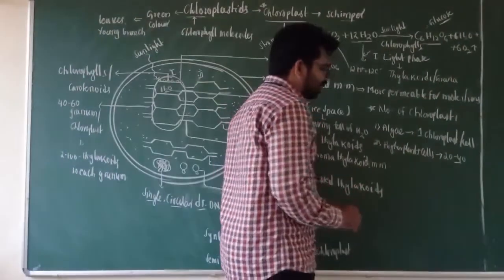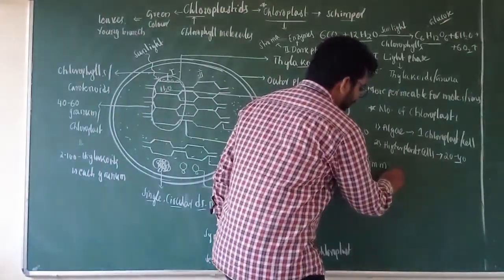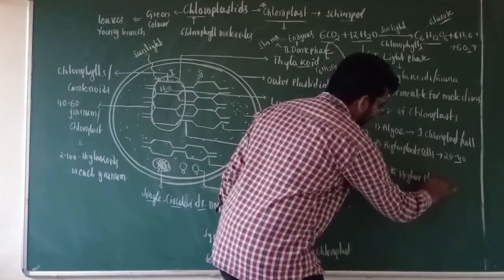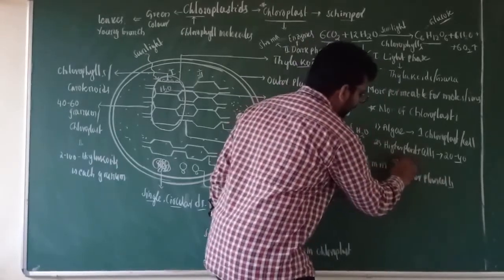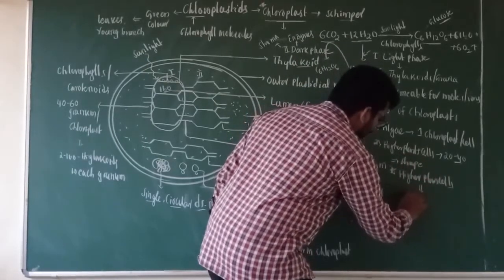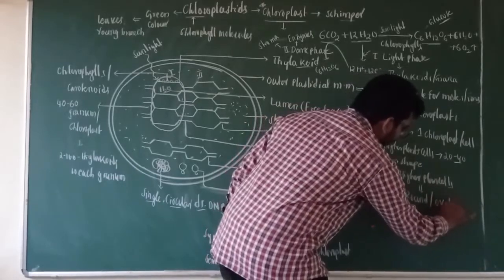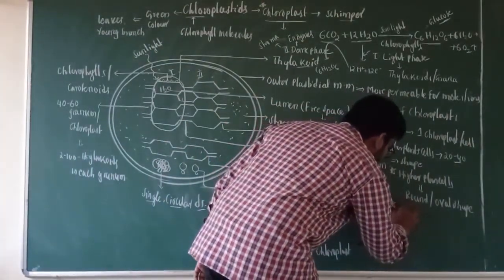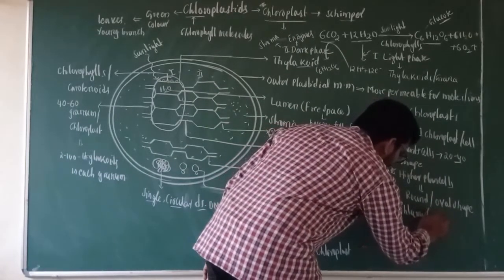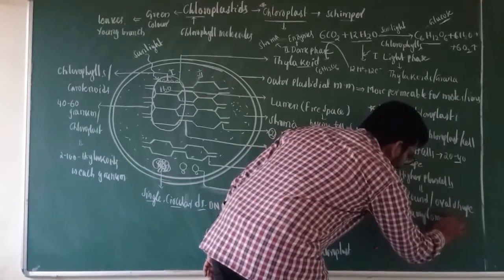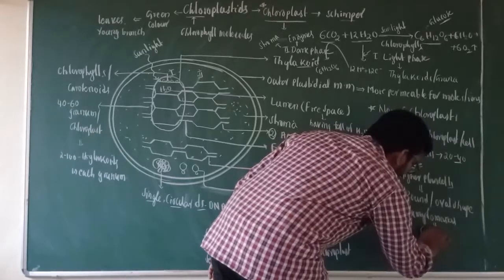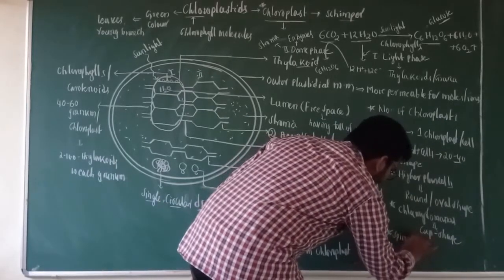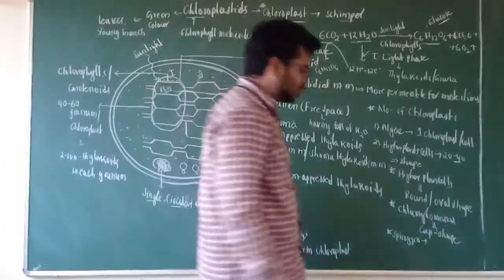Understand it, children? One more thing I want to tell you is the shape of the chloroplast. In higher plant cells, the chloroplast is round or oval in shape. In Chlamydomonas, the chloroplast is cup shaped. In Spirogyra, it has a spiral shaped chloroplast.